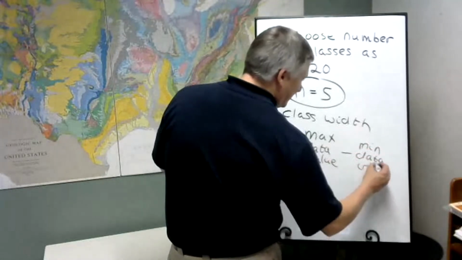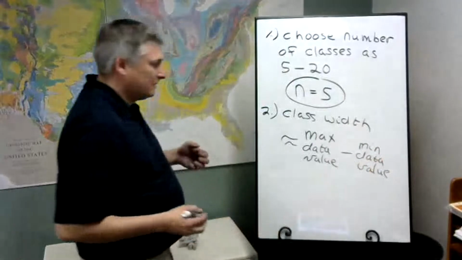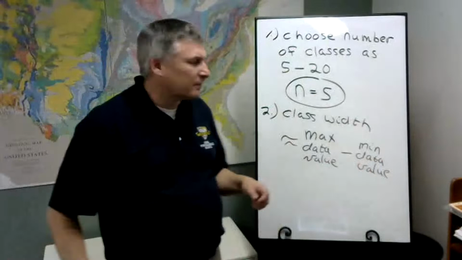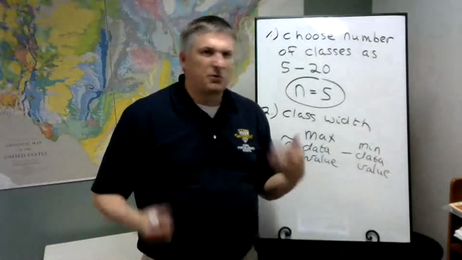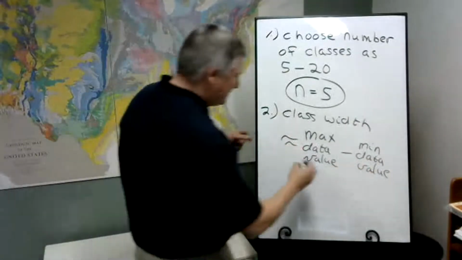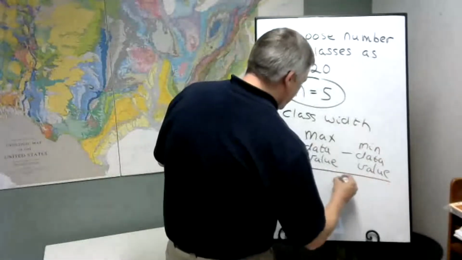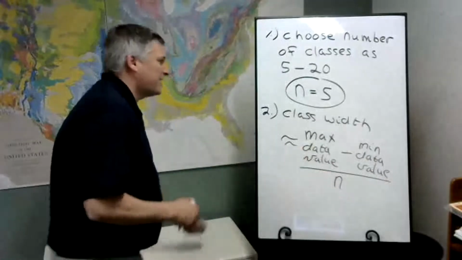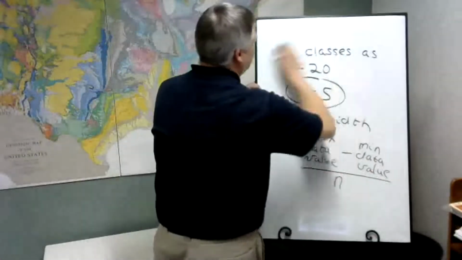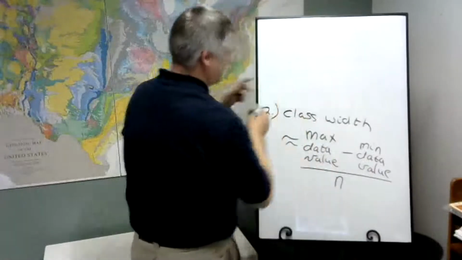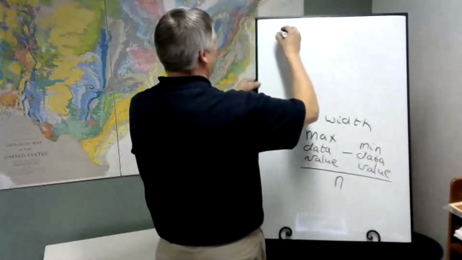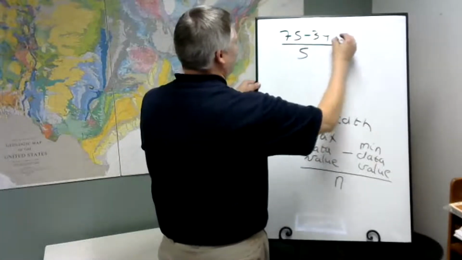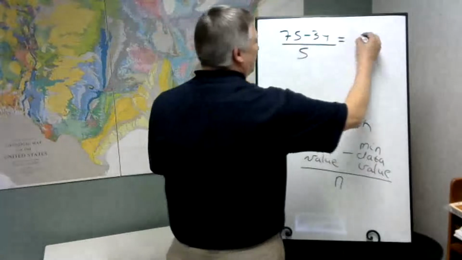Now remember, we don't have any classes. So this is just the max data value of all of our data, which I think is 75. And then the minimum data value was 34. So we do that, and then we divide by the number of classes we decided to have. So in this case, (75 minus 34) over 5. And this comes out to 8.2.